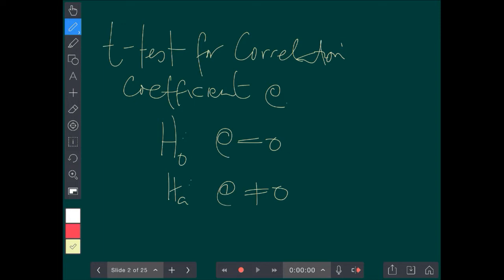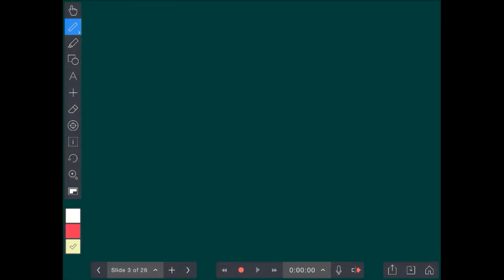So we'll start off with hypotheses, which I've already stated, but we've got to put it in words and then symbols. So we have hypotheses. This is 1. H0, HA.